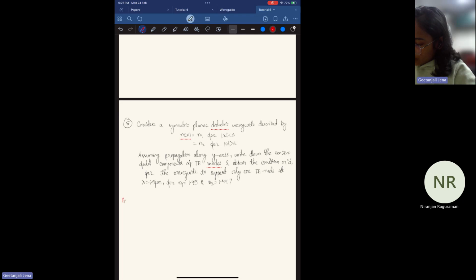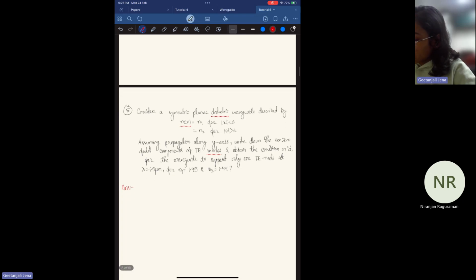For this question, it says consider a symmetric planar dielectric waveguide which has refractive index profile n of x, which is n1 for mod x less than a, and n2 for mod x greater than a.